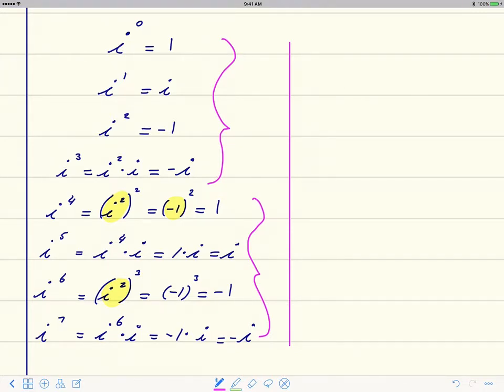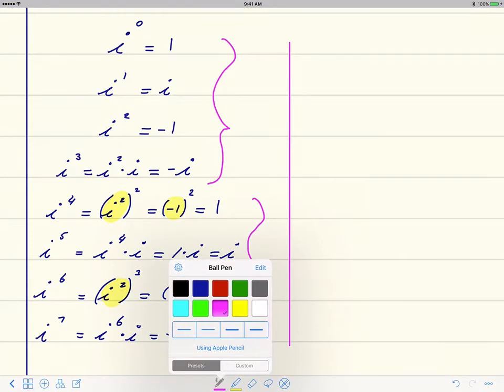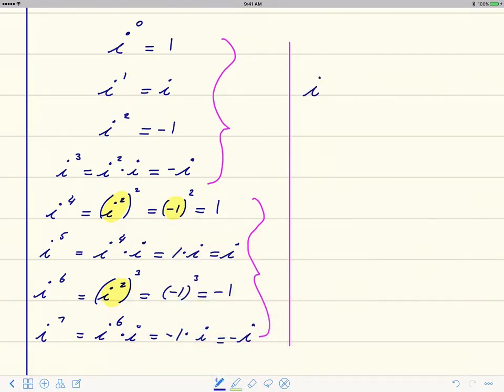So the answer for i to any integer exponent, i to the n, is going to be either 1 or i or negative 1 or negative i. These are the only possible answers you could get for a power of i.